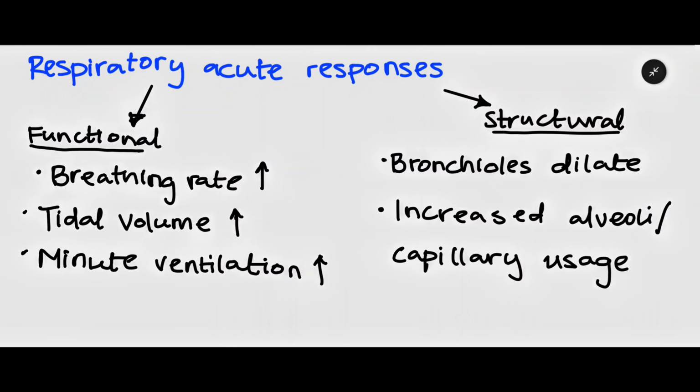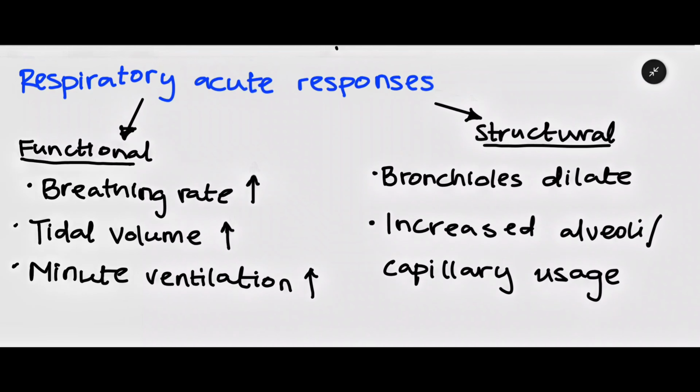Minute ventilation just means the air breathed in or out of the lungs per minute. So it's basically the minute variation of tidal volume, if that makes sense. Now for some structural responses, the bronchioles dilate to reduce resistance and increase airflow delivery. And also we have more alveoli and capillaries that are effectively used because the demand for them increases, and this creates more surface area, which is really important for gaseous exchange.